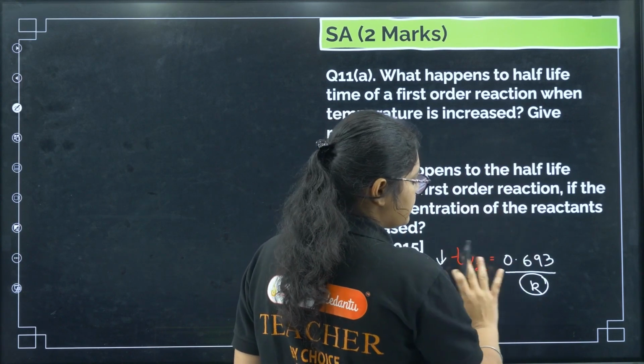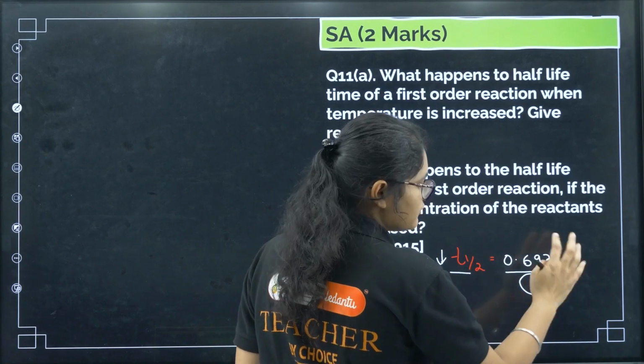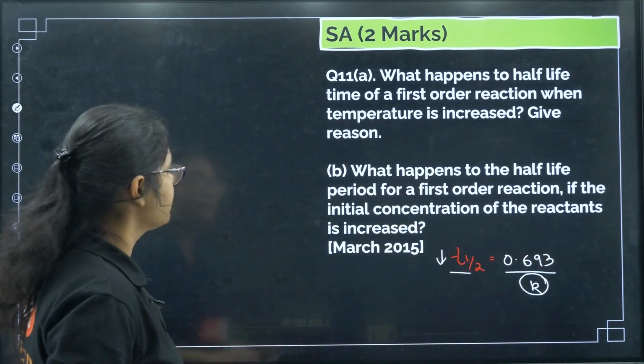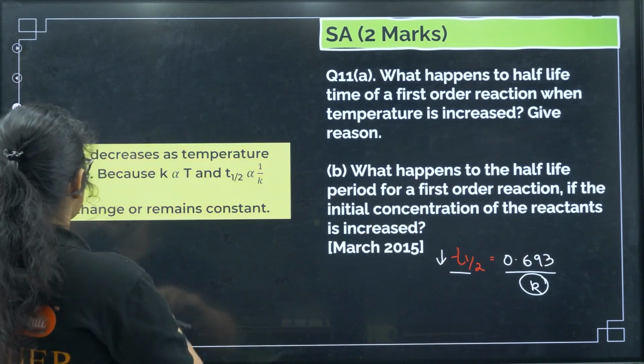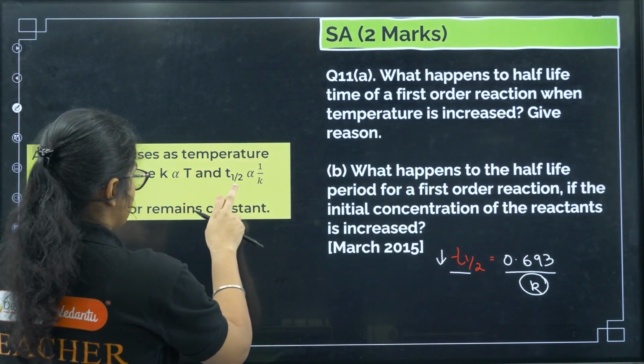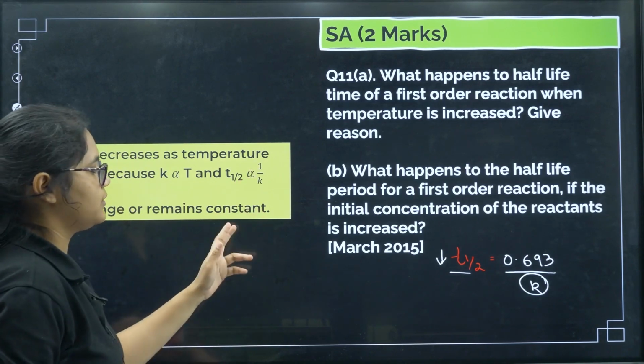And there is no dependency on concentration, so whatever you change in the concentration, the T half will not change. So T half decreases as the temperature increases, because K is proportional to T and T half is proportional to 1 by K. Next, no change or remains constant.